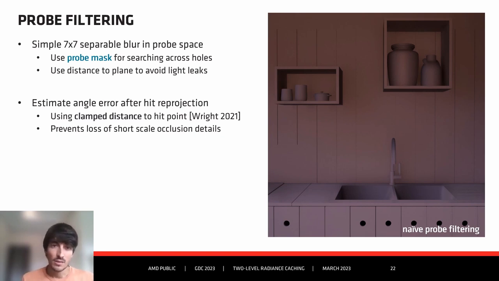As described in the publication, we also use the angle error after reprojection to reduce excessive blurring after probe filtering. So this is a kind of naive filter, and this is with the angle error check. I'll go back and forth, and particularly if you look at the sinks, you can see how the shadows are extremely blurred in this version, and they're recovered in this one.